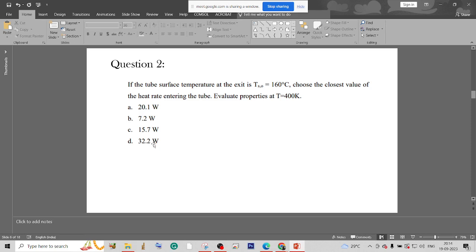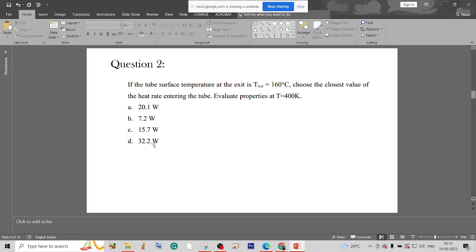Okay, so we have to calculate the rate of heat transfer, where the exit surface temperature of the tube is given. Let me give you an idea of how to solve.